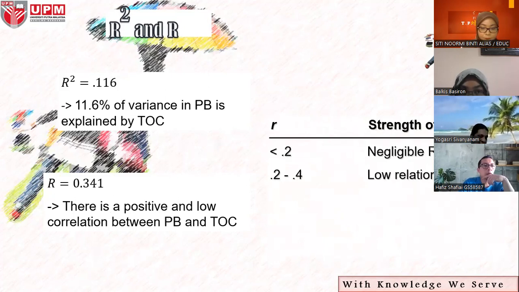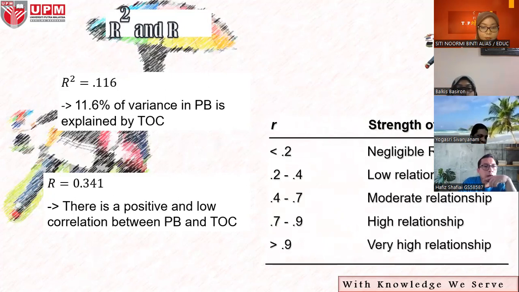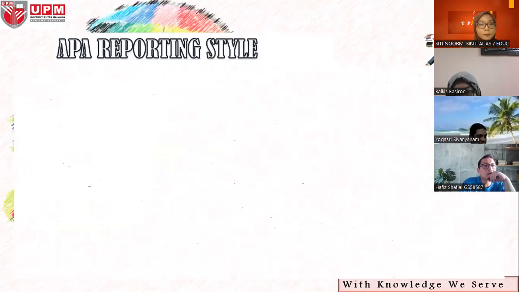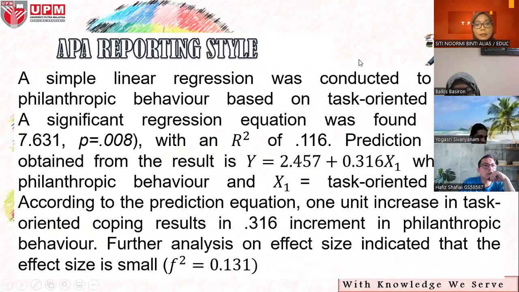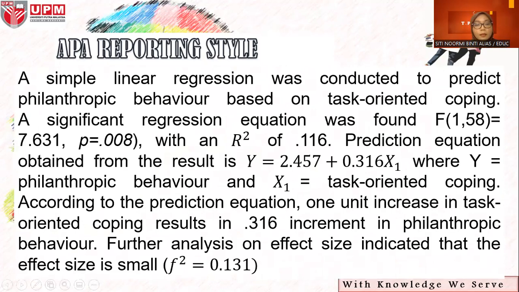Okay. So this is the APA reporting style. A simple linear regression was conducted to predict philanthropic behavior based on task-oriented copying.